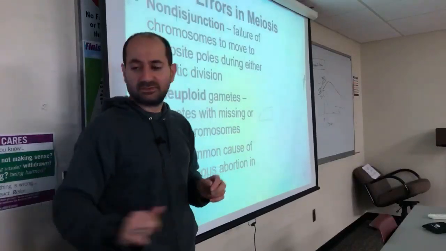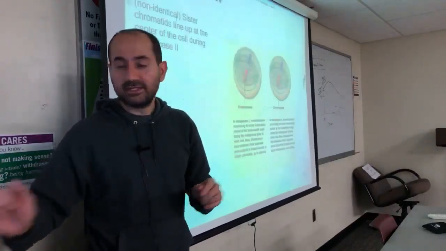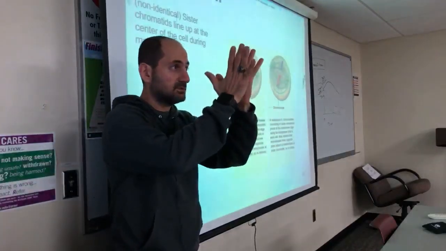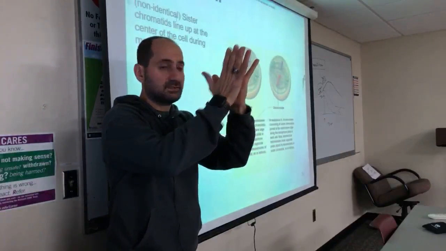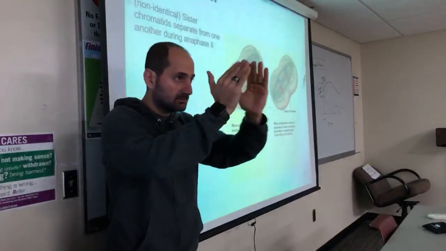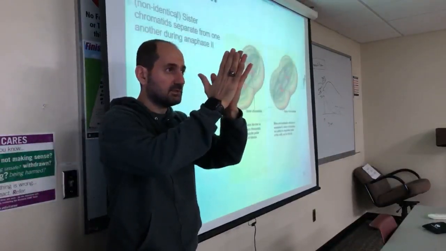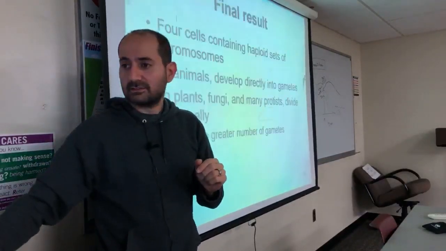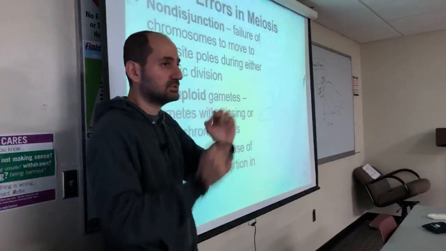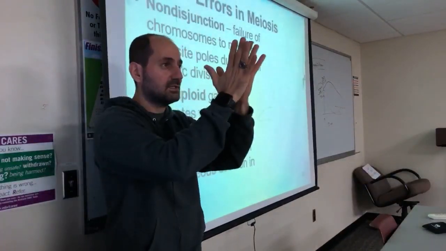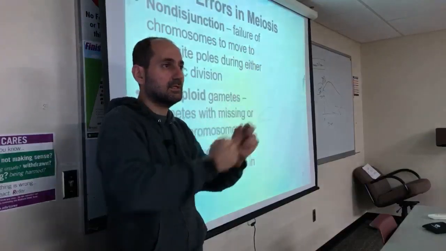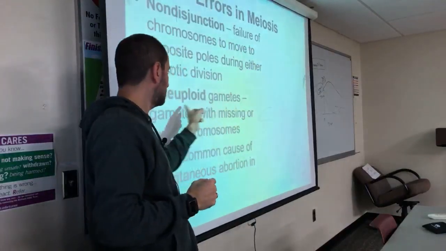Now, what happens if there's a failure? You see these sisters lining up? Instead of separating in half, what if they don't separate perfectly and 2 of them go one way? That's called non-disjunction. That means the sisters don't separate correctly. Maybe 2 of them go one way. That's going to result in aneuploidy.